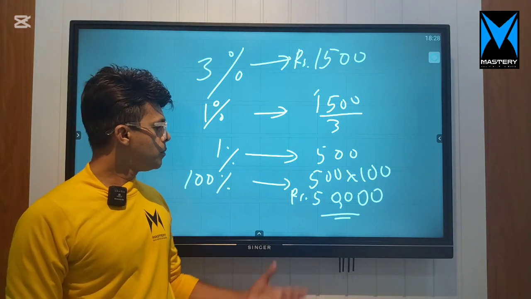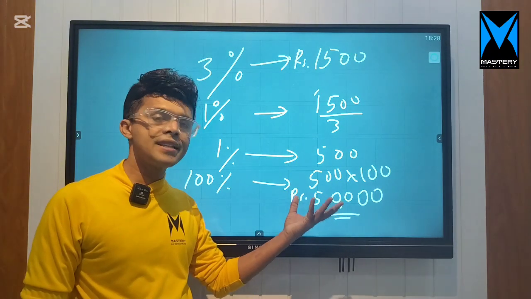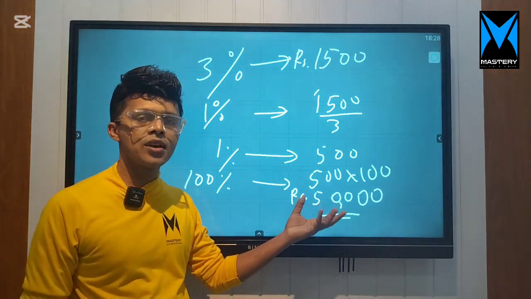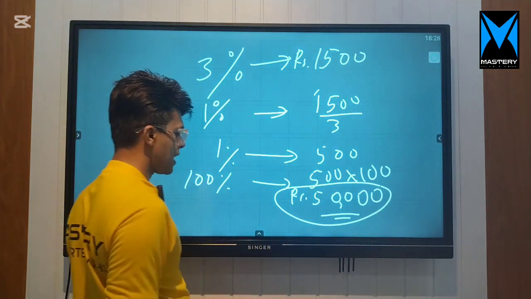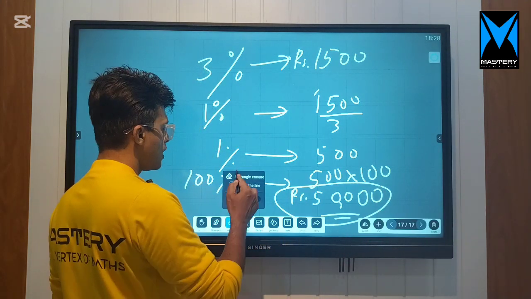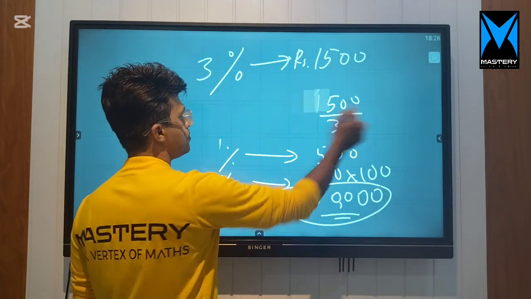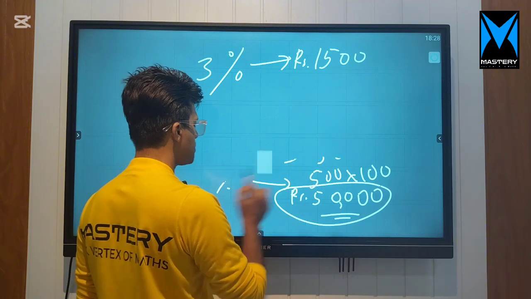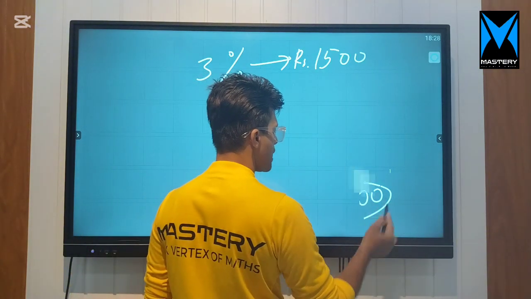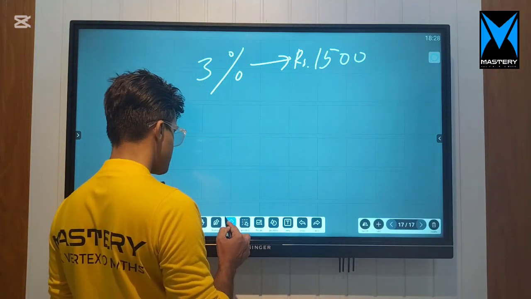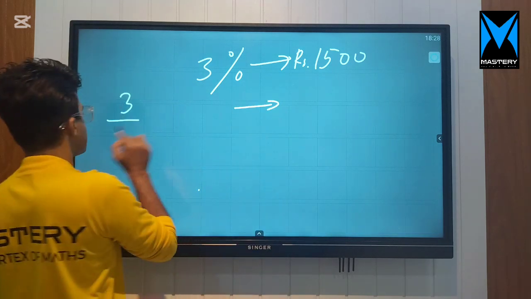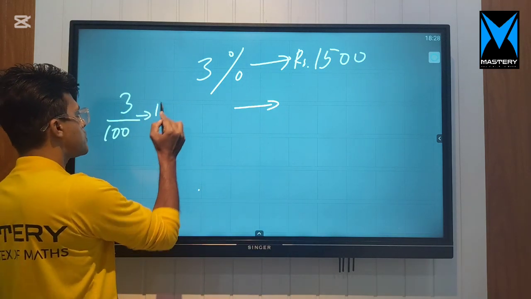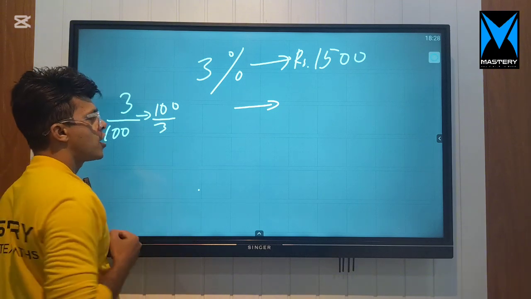Anyway, this is not really the usual way of getting the answer to a question like this, but just bear in mind the answer, which is 50,000. This answer can also be found by obtaining the reciprocal of 3%. 3% means 3 over 100, so the reciprocal of 3% is 100 over 3.